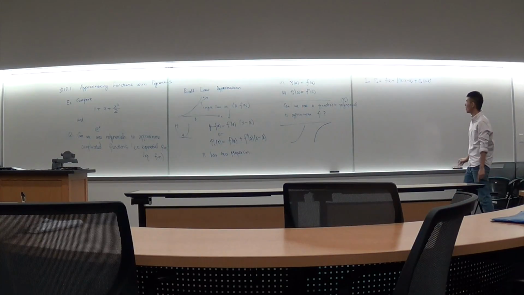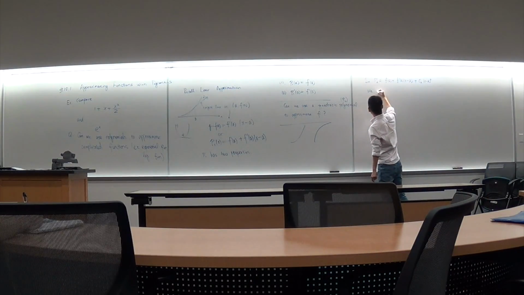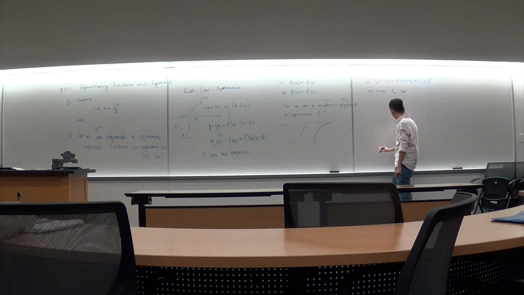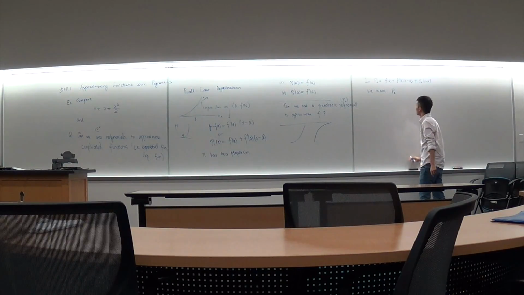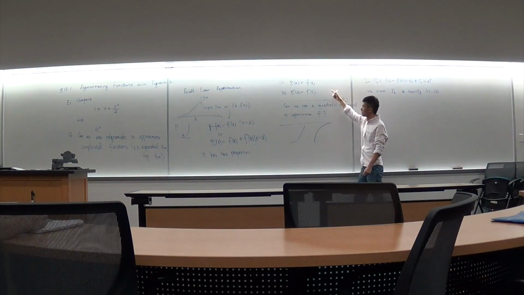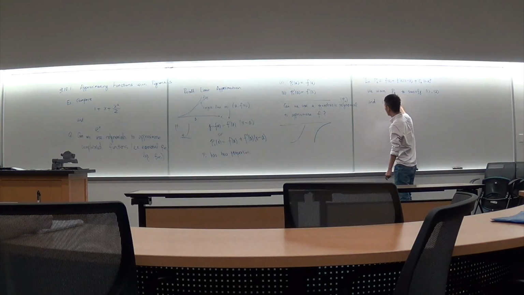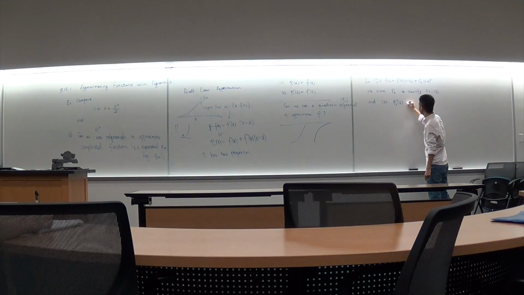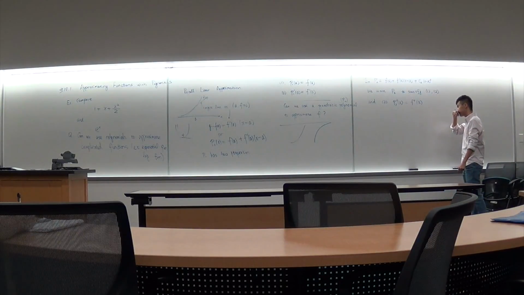Anyway, here we want P2 to satisfy conditions 1, 2, and 3, where the third is that the second derivative of P2 at the point A is equal to the second derivative of the original function f at A. So here is the third condition.